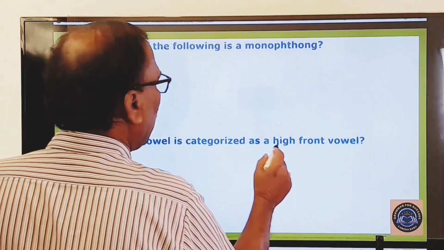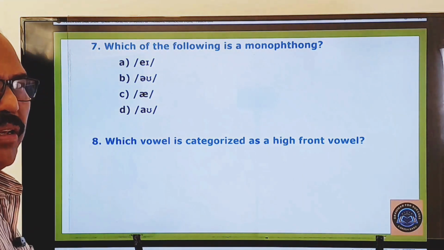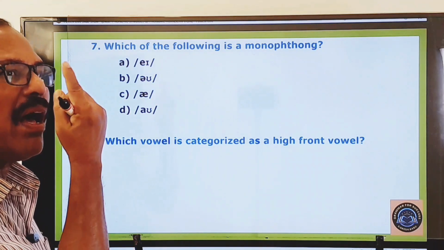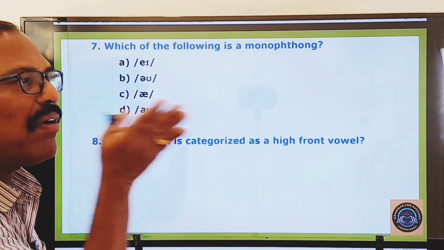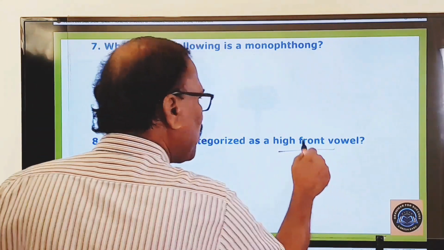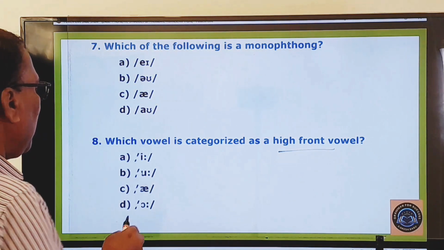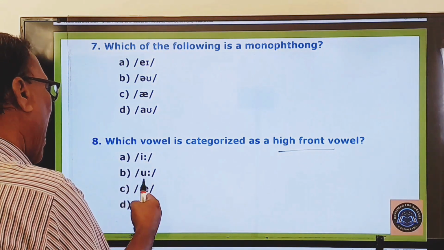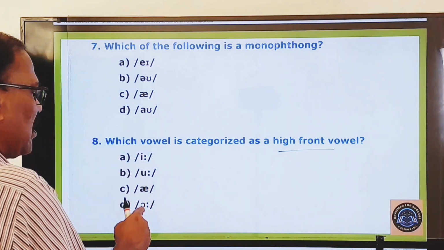Which vowel is categorized as a high front vowel? High front vowel, high. The tongue goes high and also front. What is that high front vowel? You know this very well. What are the options given here? E, U, Ya, O. These are the sounds.